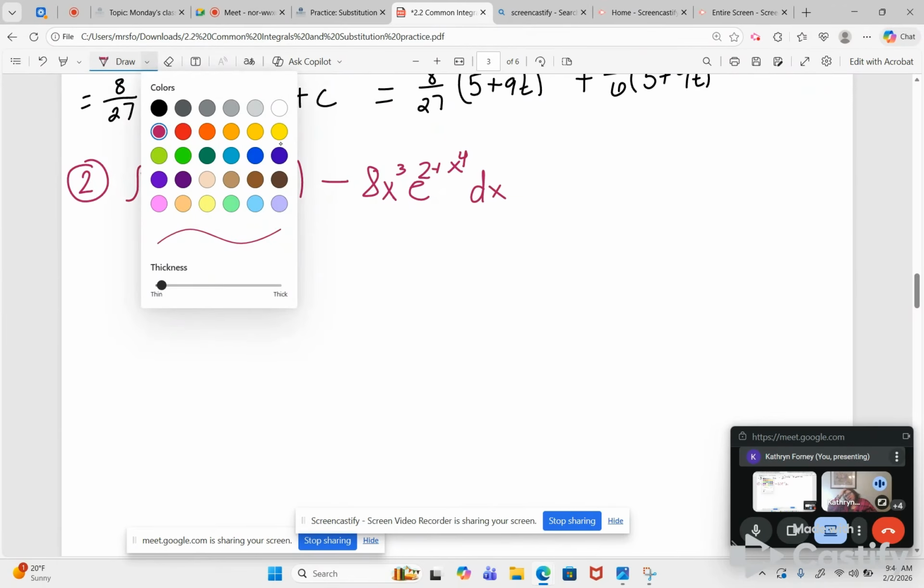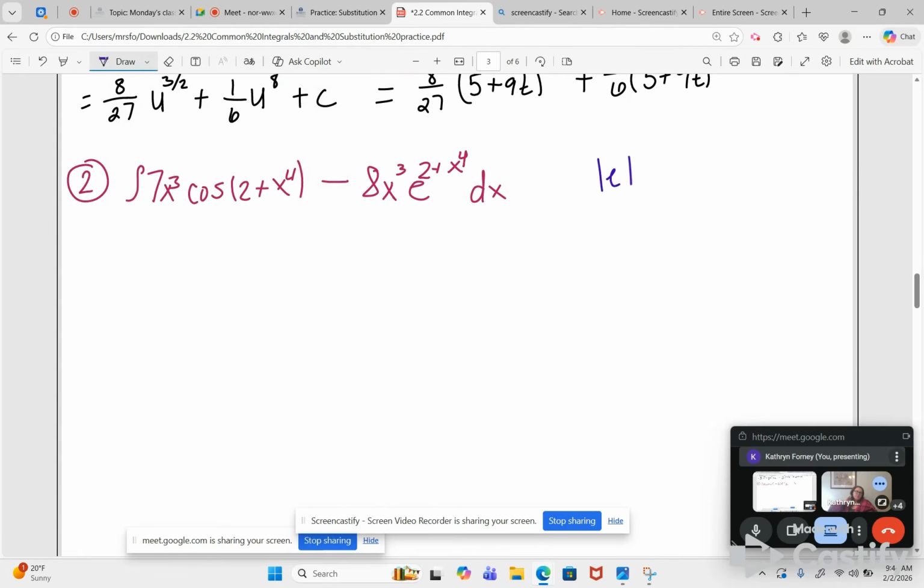Okay, so now our u is 2 plus x to the 4th, because if you look at that, inside the cosine is a 2 plus x to the 4th. The exponent for e is 2 plus x to the 4th. And so then our derivative of u is 4x cubed with respect to x.